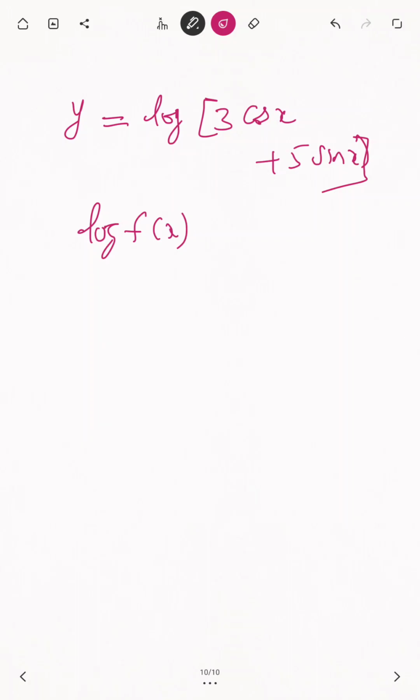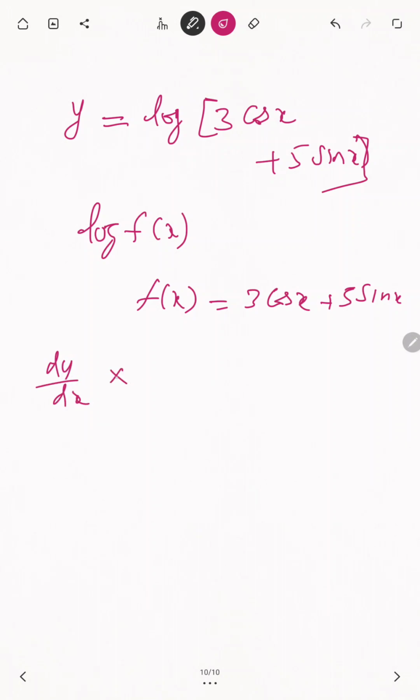After log, f of x is 3 cos x plus 5 sin x. What is the rule? dy by dx is equal to 1 by f of x into f dash x.